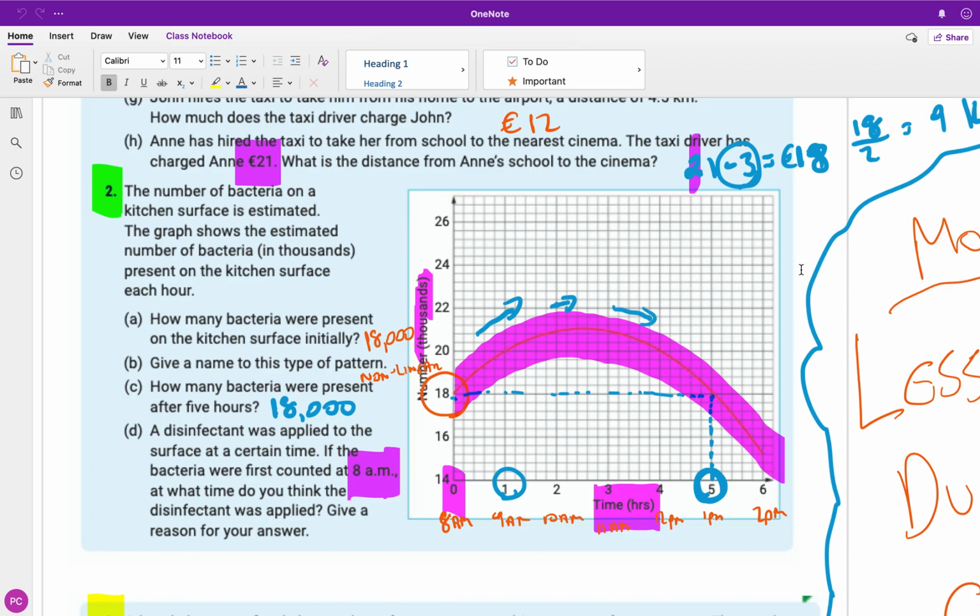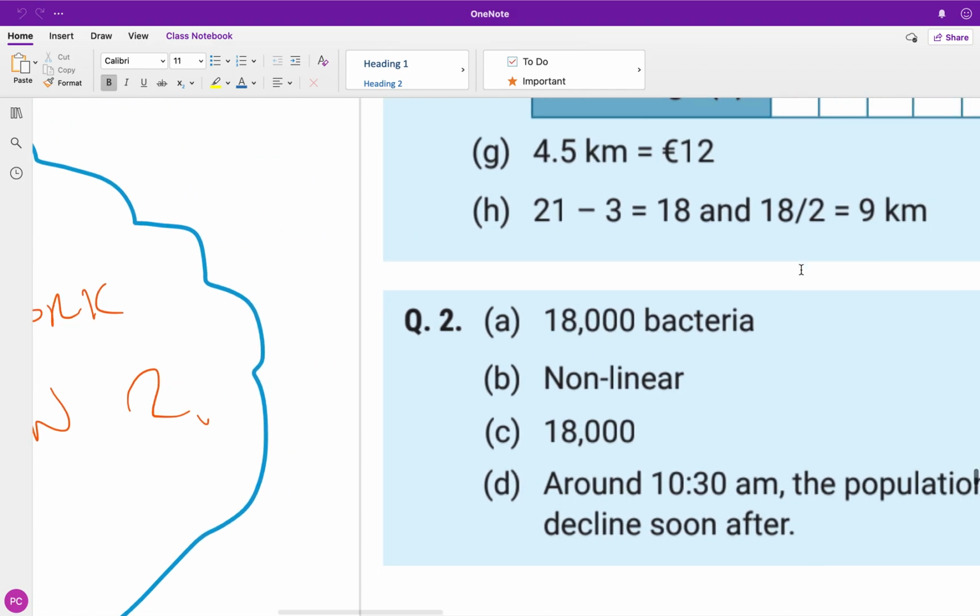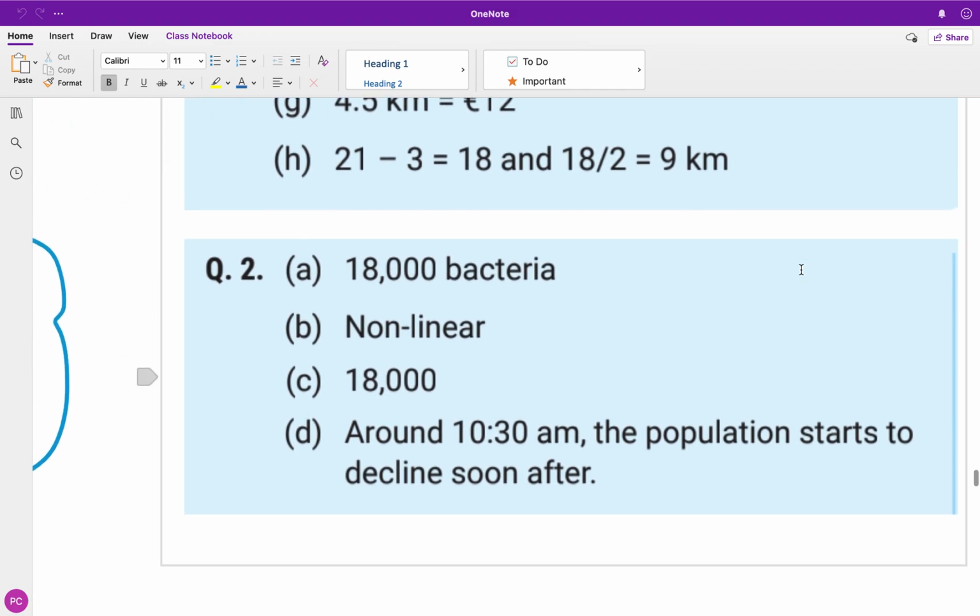So it's somewhere here, around about 10:30. As soon as the antibacterial is sprayed on, it starts to drop. I don't know what they give in the answer for that. Around 10:30, the population starts to decline.